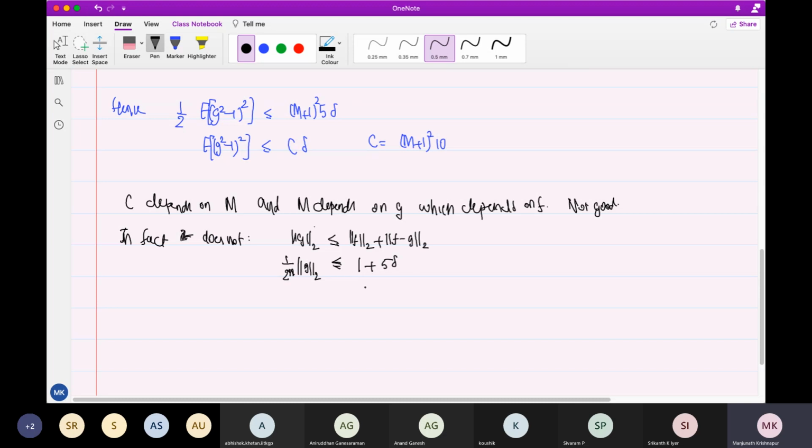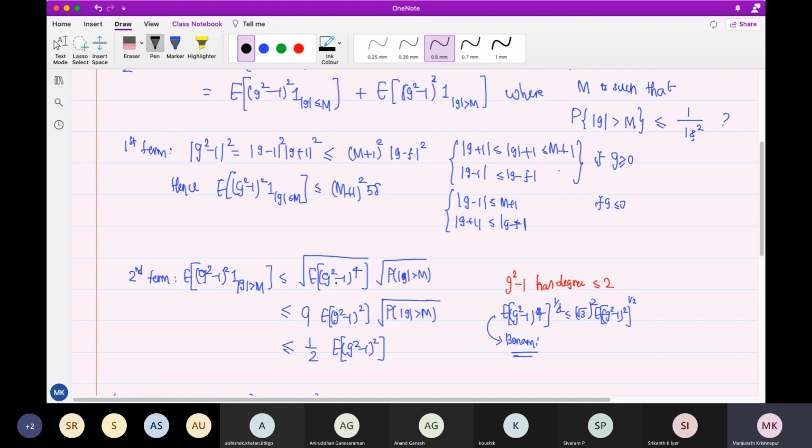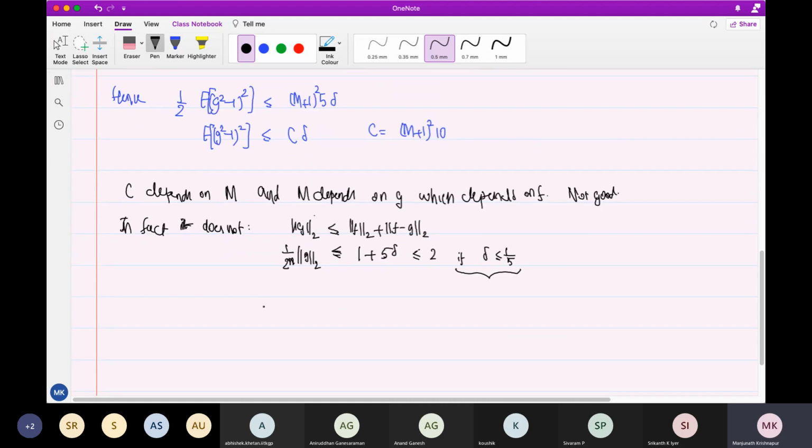So this is some fixed number. Let's say it's less than or equal to 2 if delta is small. Anyway, we care about only small delta. You keep 1 plus 5 delta, it doesn't matter. But we only care about small delta. So this is bounded. Now you can use Chebyshev to get an m, which doesn't depend on anything, right?